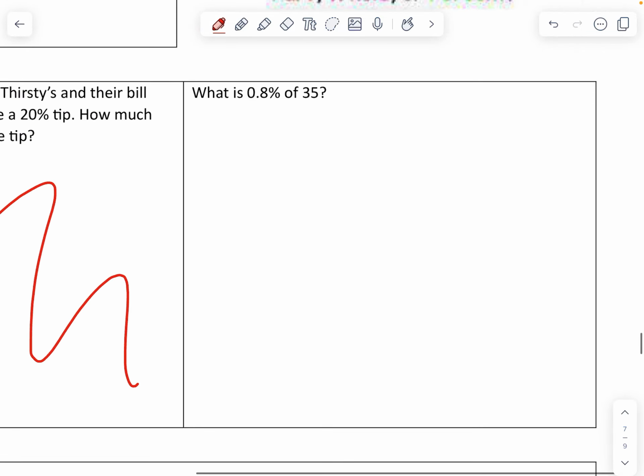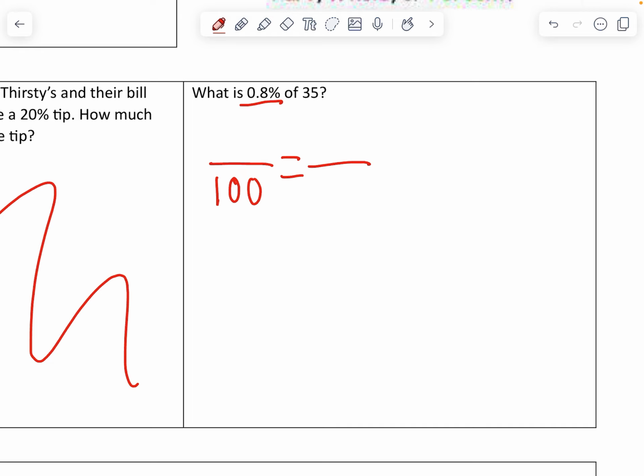And we're going to do this one. So set up your proportion. Blank over 100 equals blank over blank. So first thing I ask myself, does it give me a percent? Yes, it does. My percent is 0.8%. Even though it's a decimal, I do not change it because it's already a percent.